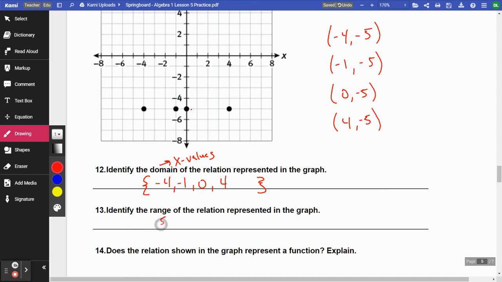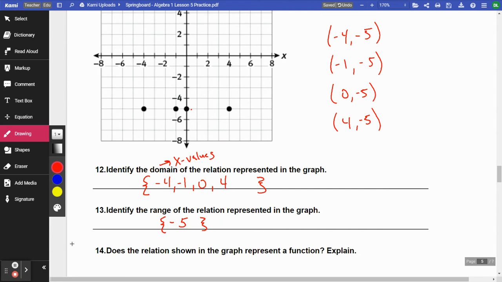My range might be a little different. Listing them from least to greatest, nothing repeats. What is my range? Just -5. So all I'm going to write is just -5. Does this relation show a function? It's a graph.